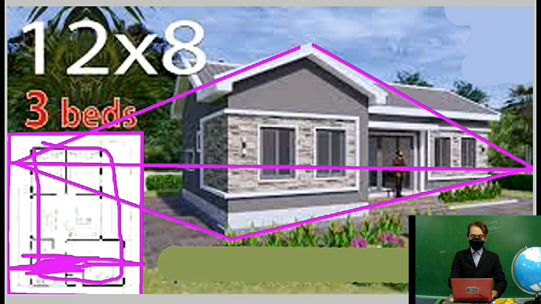Don't forget to put your name, and the title of this is single story residential house. So the title is single story residential house, but the main focus is for you to learn how to draw the roofs. Because the roof treatment is the most difficult part of the building to draw.